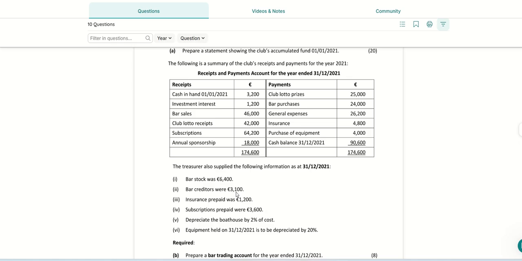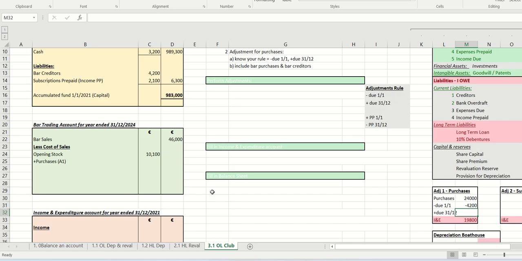And this ties a little bit to the theory question that the guys have given us. So our income and expenditure account should have, let me just put this in first, 3,100. Your income and expenditure account should have the amount, your cost for the year, regardless of whether you've paid it or not. So we paid 24 grand this year. That's our receipts and payments number. But 4,200 of that belonged to last year because it was owed at the start of the year.